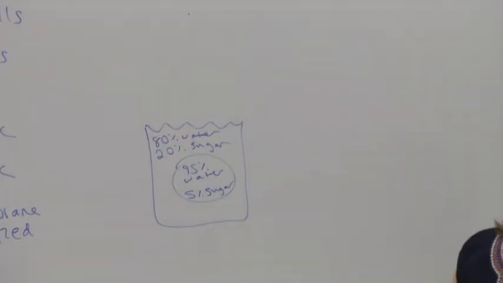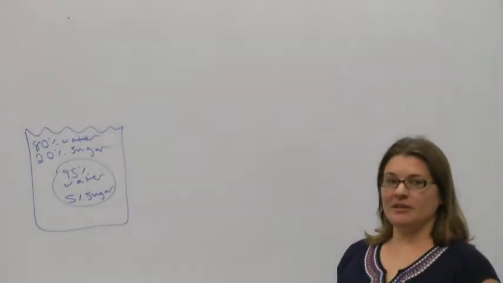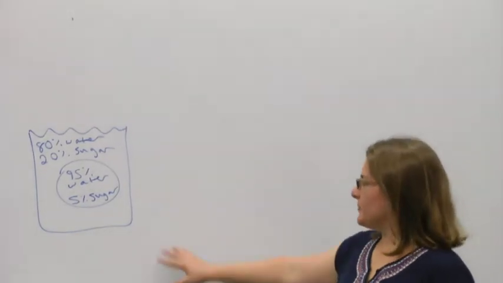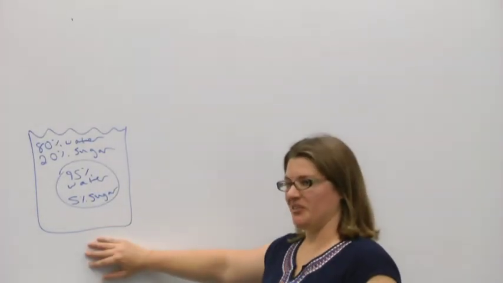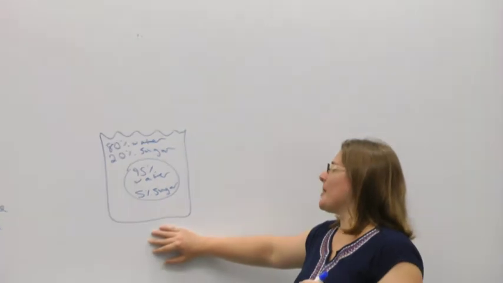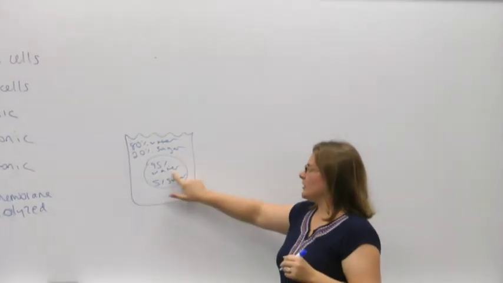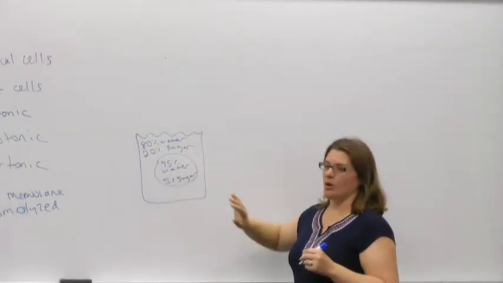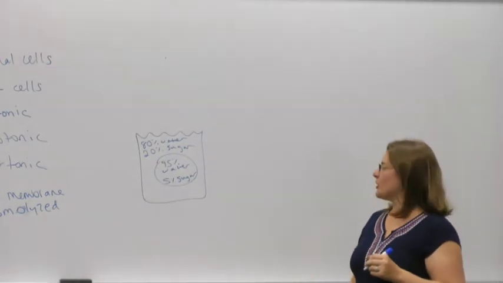Okay. So what do you think? Is this cell going to gain water or lose water? Which way is the water going to go? Into the cell or out of the cell?